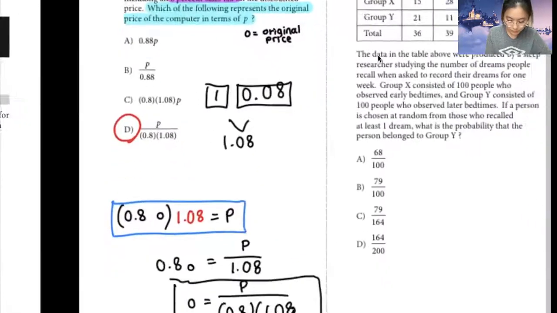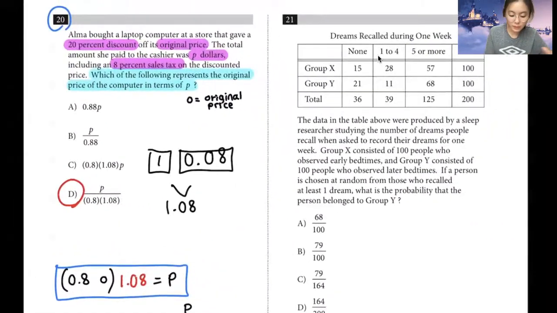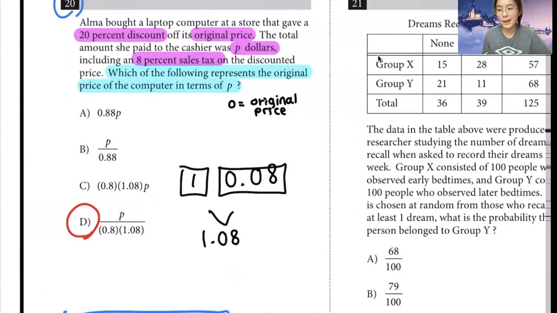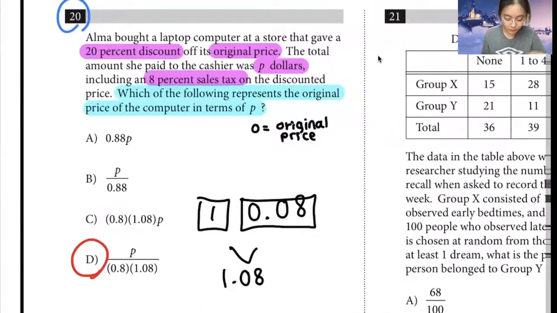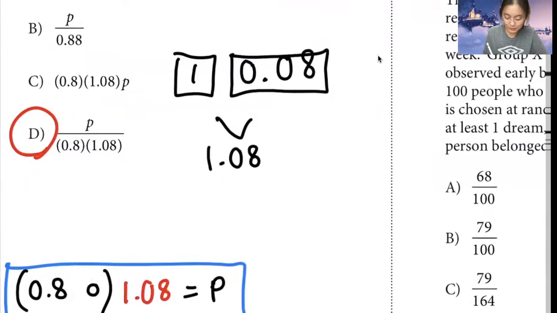Okay. So just to review, when you want to discount a price, you don't times it by the discount amount. Because if you times the original price by 0.2 for the 20% discount, you're only getting the 20% of the original price.